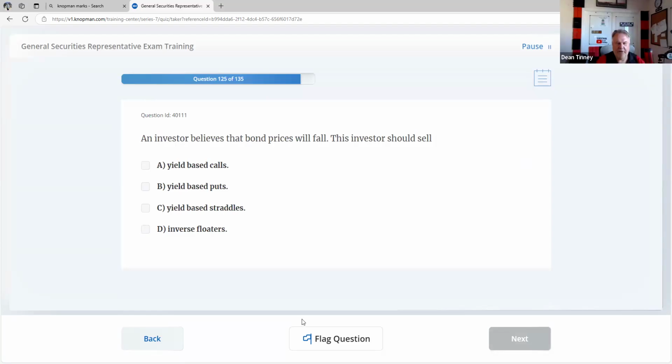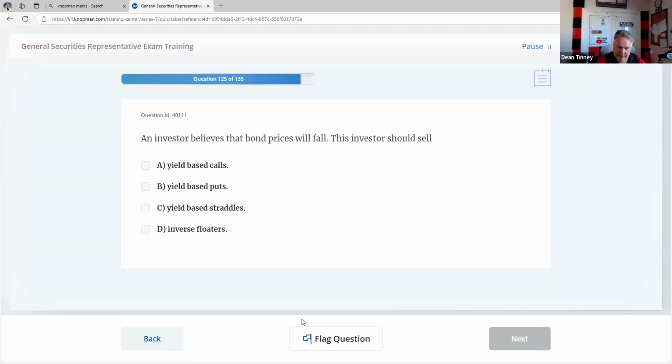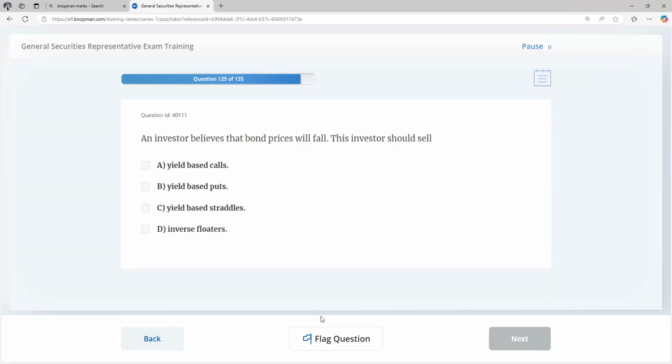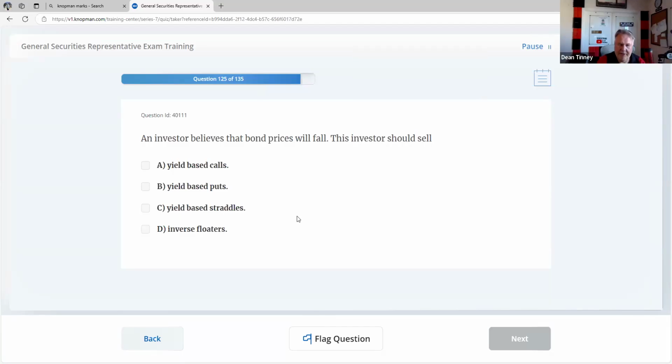An investor believes bond prices will fall. This investor should... I like this one. If they believe that bond prices will fall, then now you've got to make a U-turn. That's right. That means the interest rates are going up. That's right. So you need something that would profit from interest rates going up, and it says sell.